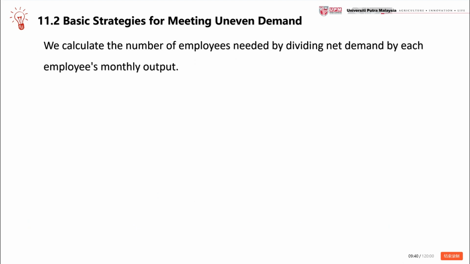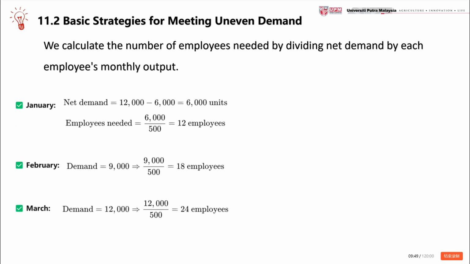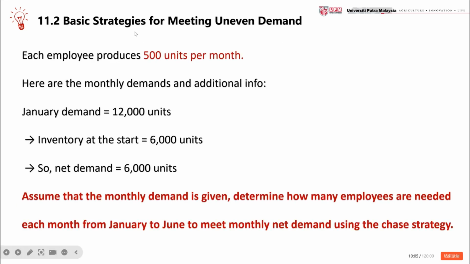To solve this question, we can calculate the number of employees needed by dividing net demand by each employee's monthly output. For January, we have already calculated the net demand is 6,000 units. Besides, from the question, we know that the output per employee per month is 500 units. We can find the value here, 500 units.